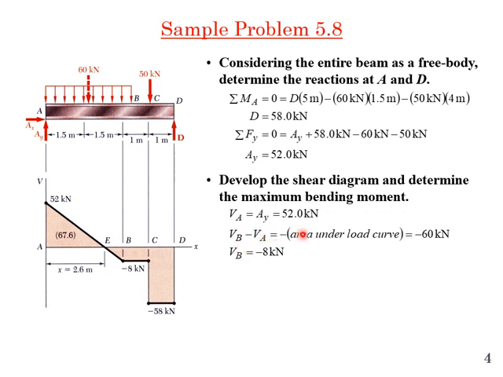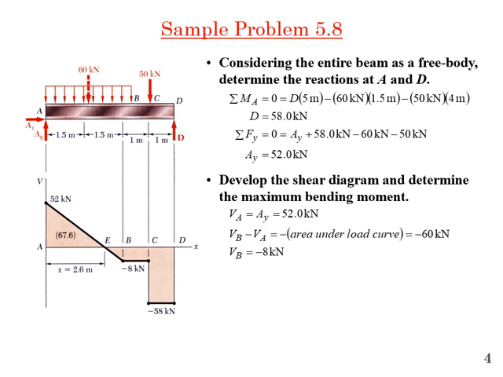VB minus VA, that is area under the load curve, so area under the load curve is 60 kilonewton. So that will become minus 60 kilonewton, and VA is 50 kilonewton.